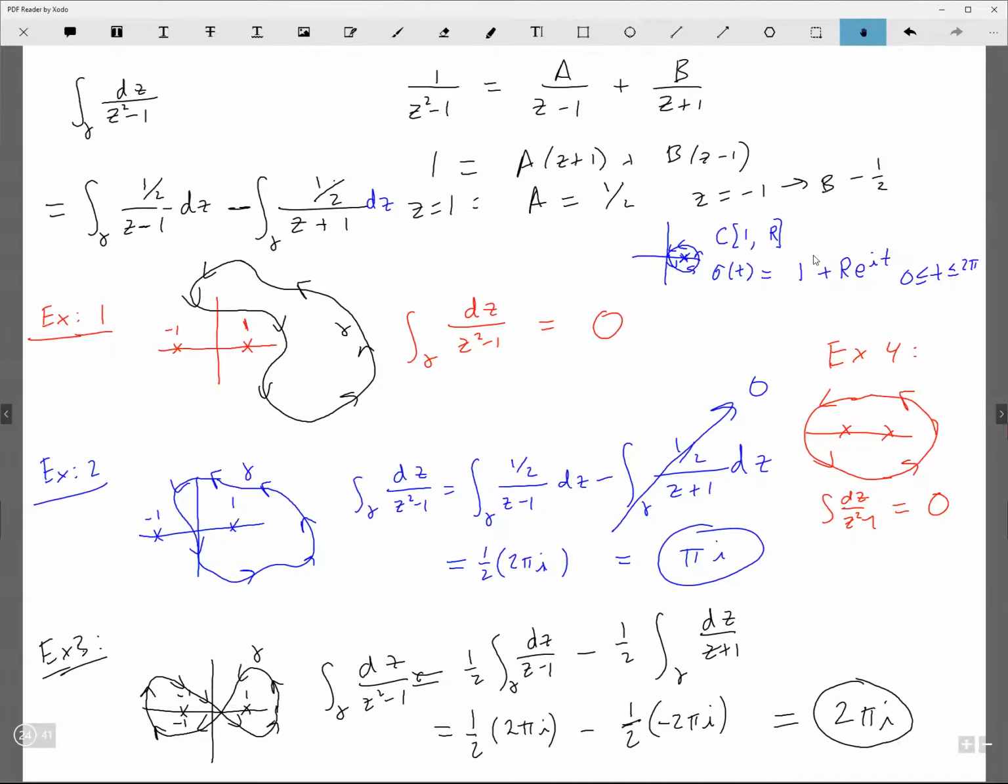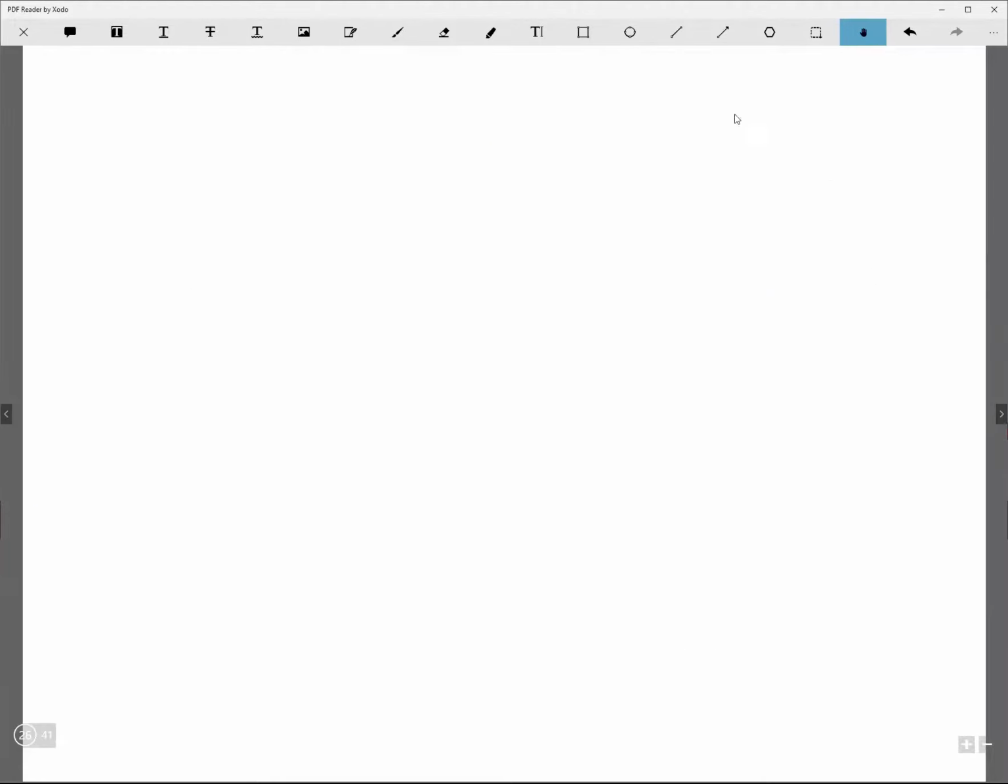Okay, now let me modify that a little bit. So what's your favorite holomorphic function? Anybody? Do you like exponential functions, or do you like the sine or the cosine?